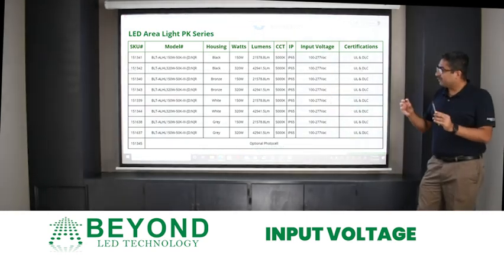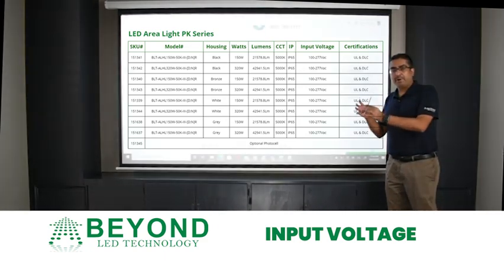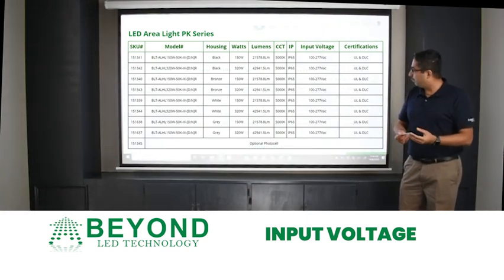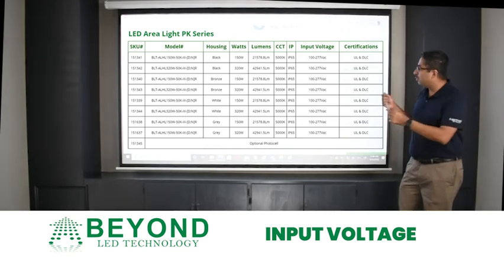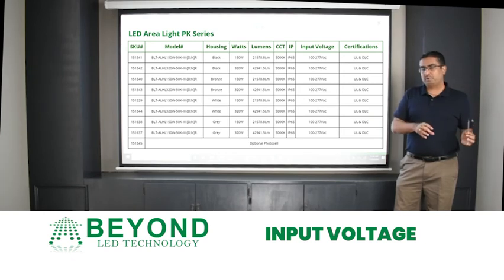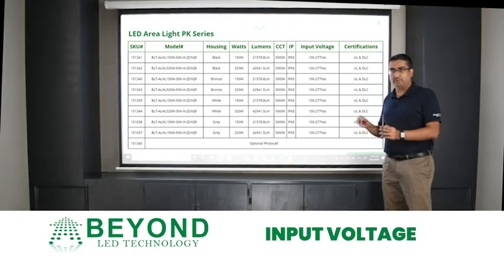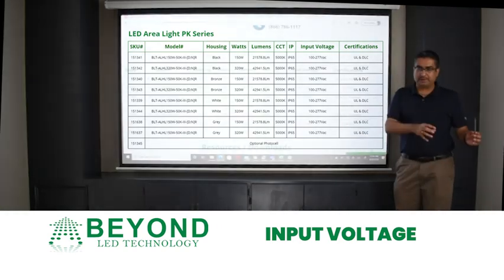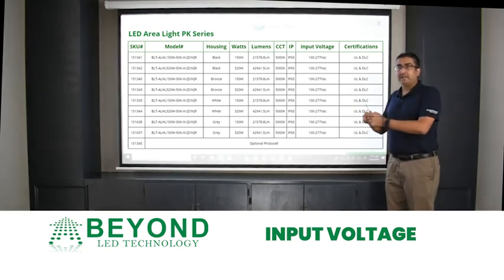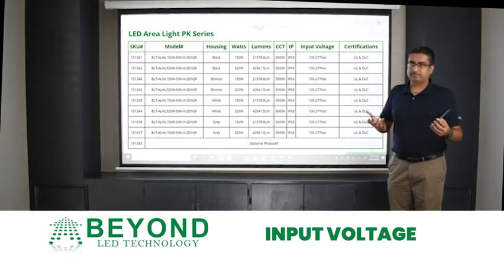If you give a wrong voltage, let's say a North American product, which is made for input voltage of 110 to 120 volt, and you take this product to Europe and give it the wrong power, the product will immediately explode or fail, right?